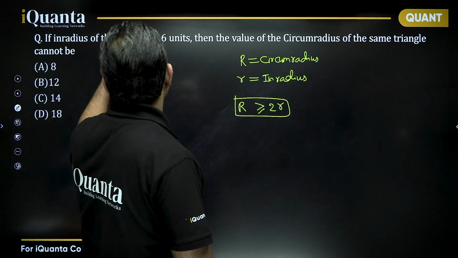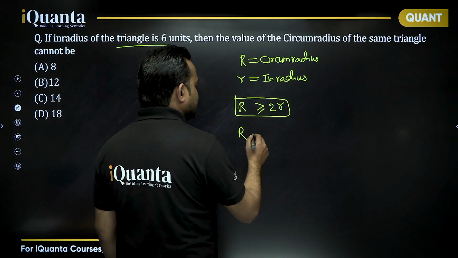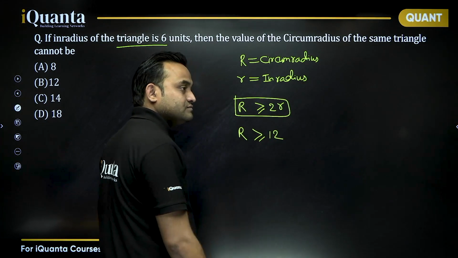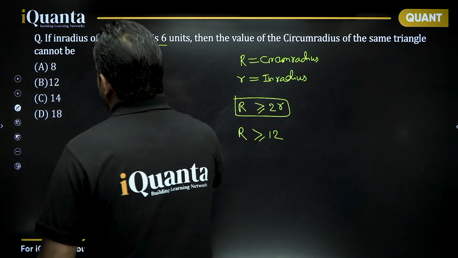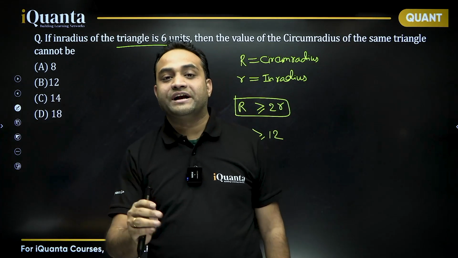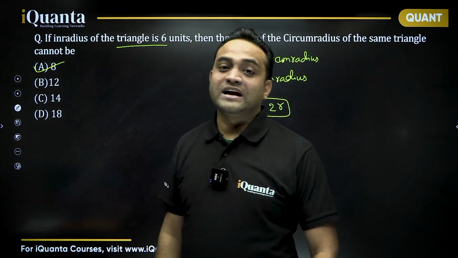So if the length of the inradius is 6, the circumradius will always be greater than or equal to 12. If you check the options, 12, 14, 18 could be the circumradius of the given triangle, but 8 cannot be. So that is our answer.